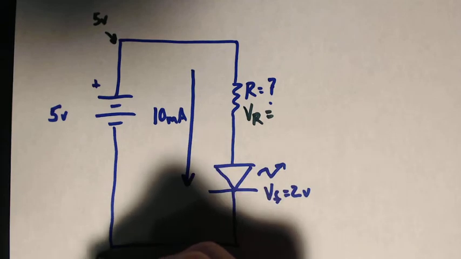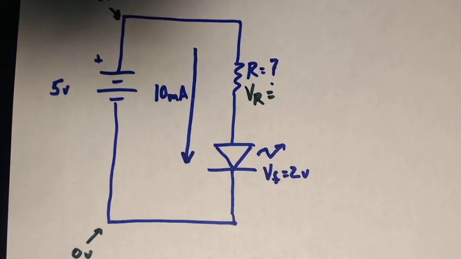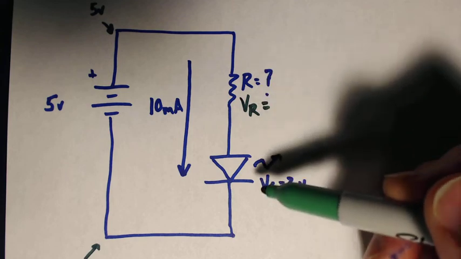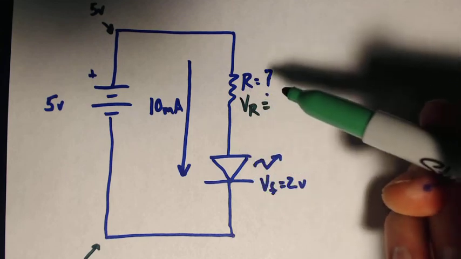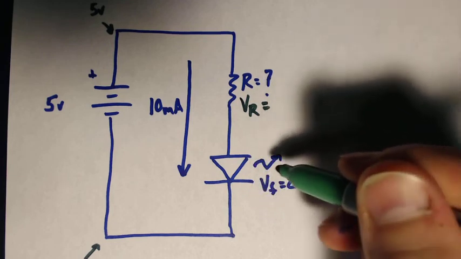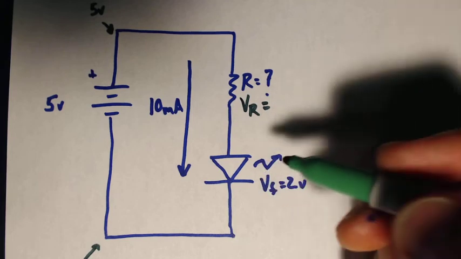And then we end up at 0 volts. So we're going to need to know the voltage drop across the diode in order to know the voltage drop across the resistor. Well, now here's where the forward voltage makes a lot of sense.